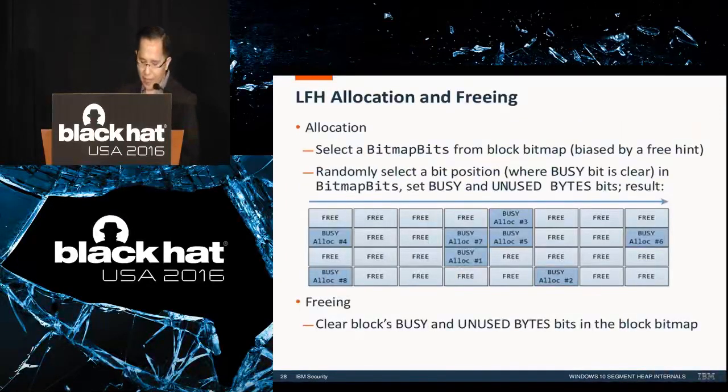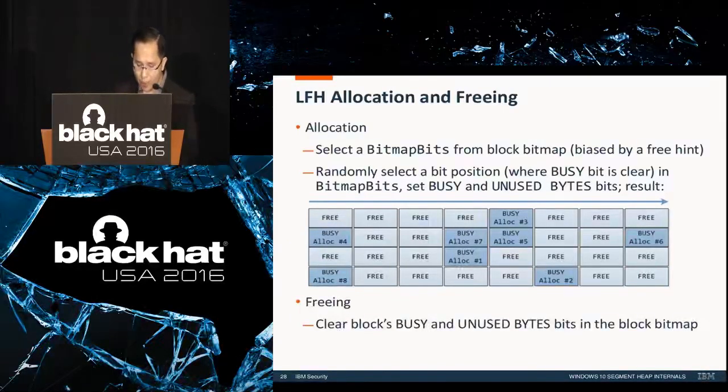The allocation from the LFH is different because it involves some randomization. The allocation routine first selects bitmap bits from the block bitmap, in which the starting point depends on a free hint. Once a bitmap bit is selected, it will randomly select a bit position in the bitmap bits where the busy bit is clear. Once a random bit position is selected, it will set the busy bit and, if necessary, the unused byte bit.